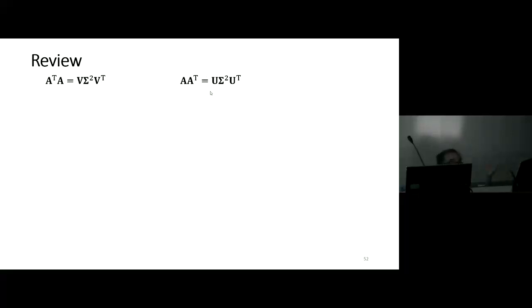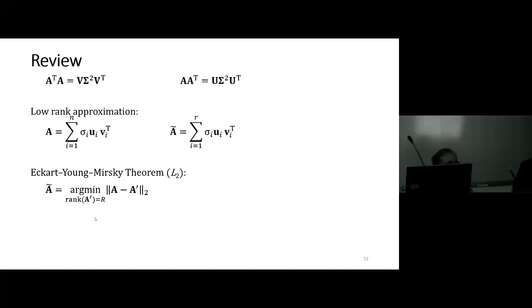From these, we can compute the columns of U and V and the singular values of A. And we've seen the low rank approximation. We saw the Eckart-Young-Mirsky theorem for L2 norms. And like I said earlier, you can extend this for the Frobenius norm as well. Here, the L2 norm of the difference is replaced with the Frobenius norm.